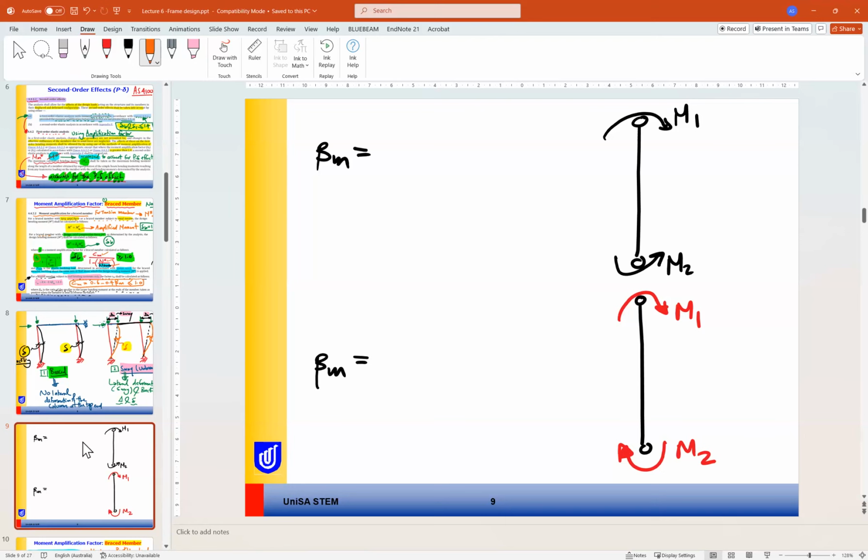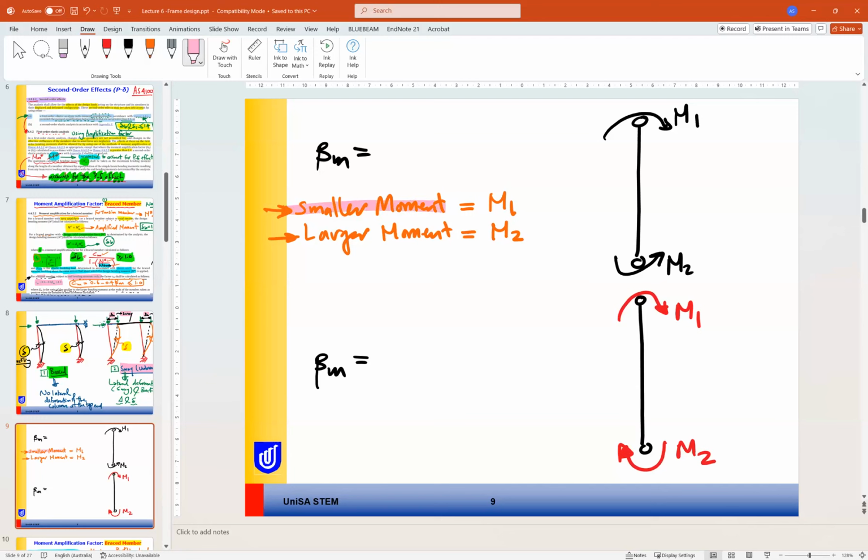Smaller is M1, so larger is M2. This is how we assume the moments.